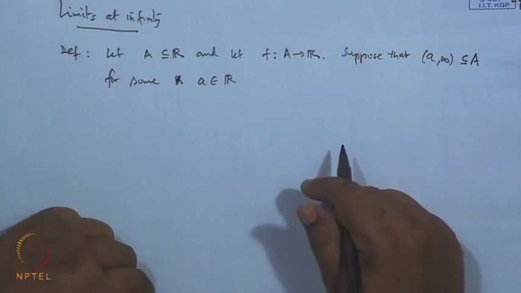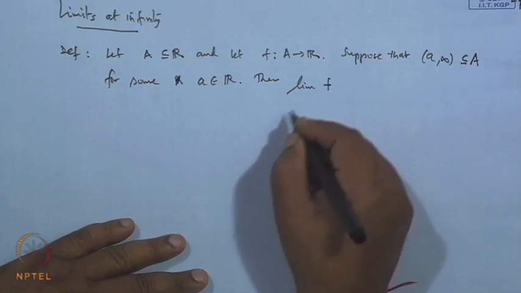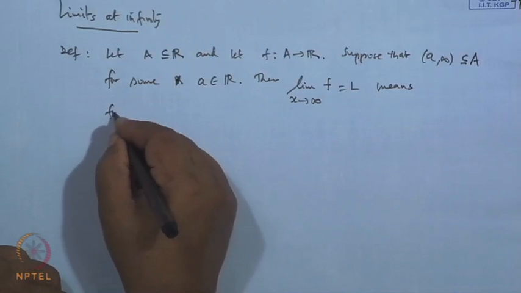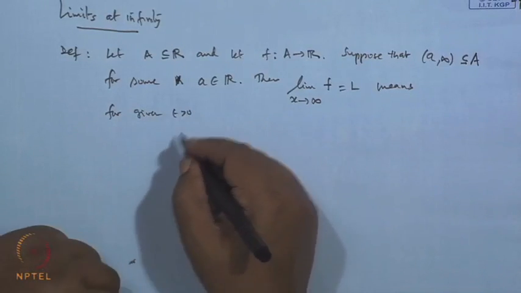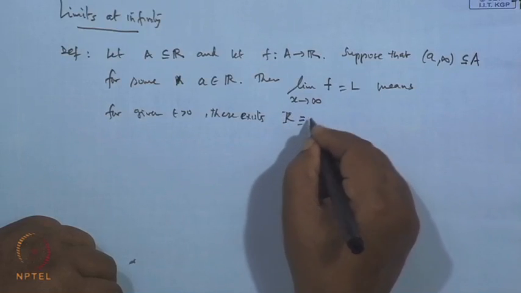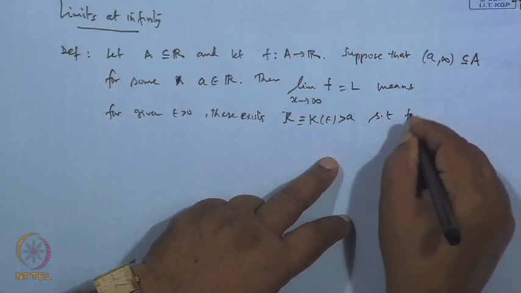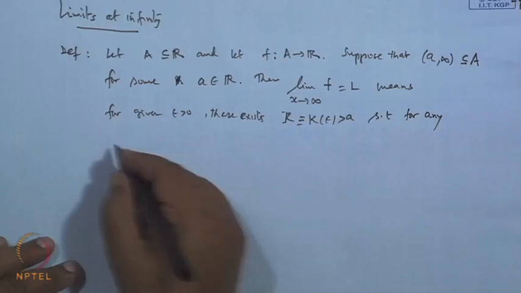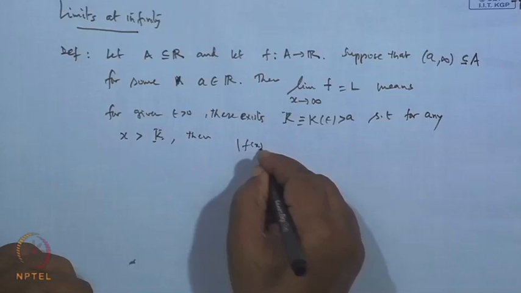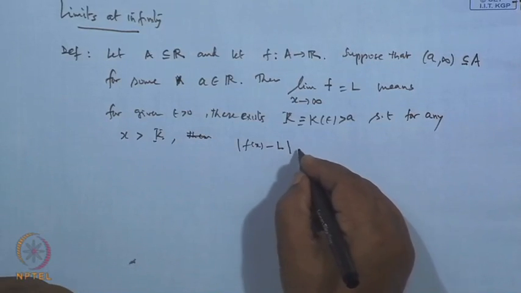Suppose this interval, then we say the limit of this f when x tends to infinity is L means that for a given epsilon greater than 0, there exists a k which depends on epsilon and is greater than a number a, such that for any x greater than k, |f(x) minus L| is less than epsilon.